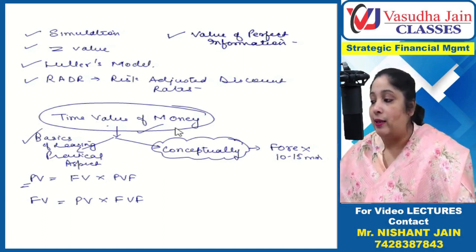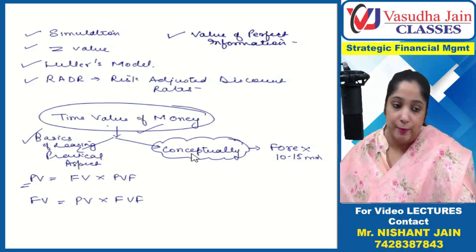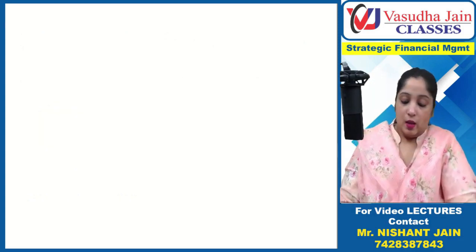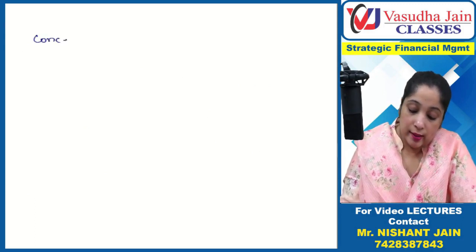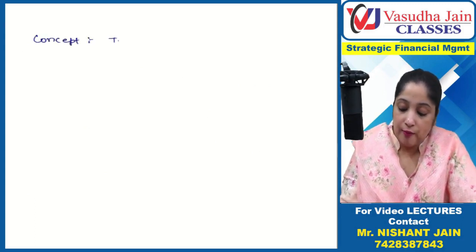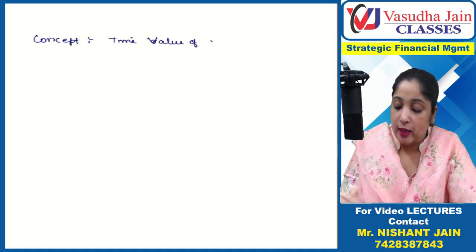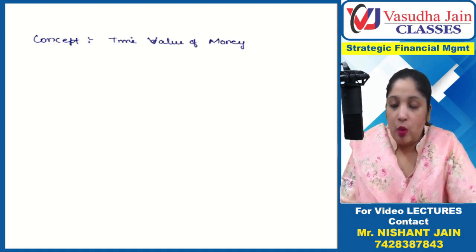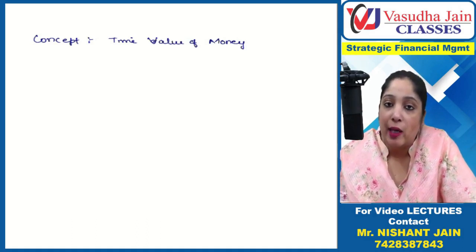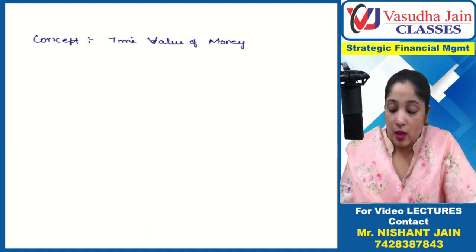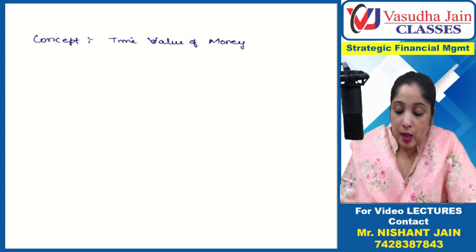First we'll understand the time value of money concept conceptually. Time value of money. Now we all know with passage of time the value of money increases. Now there are two questions.